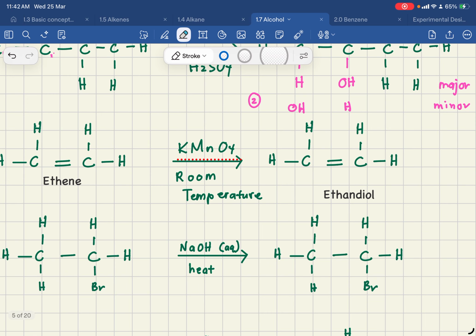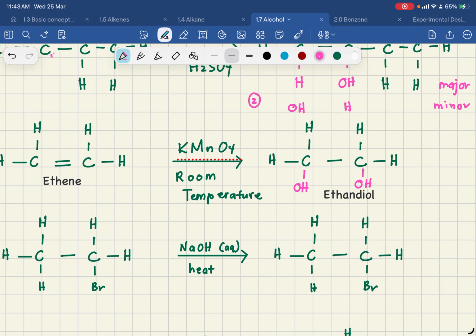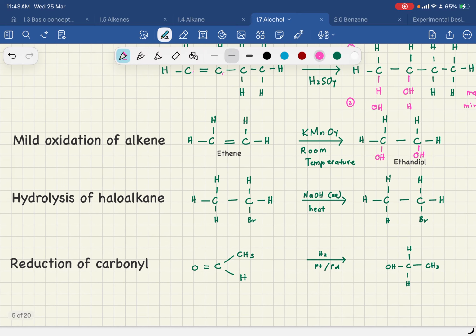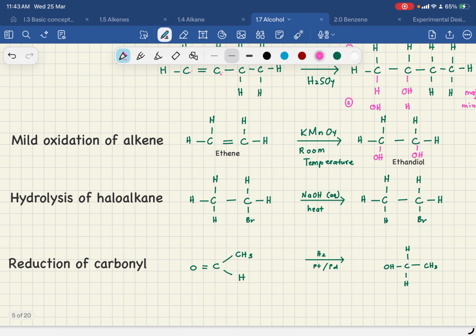What you get is ethene diol. The carbon chain does not change. We add OH and OH here, because it is a diol, meaning there are 2 hydroxy groups.